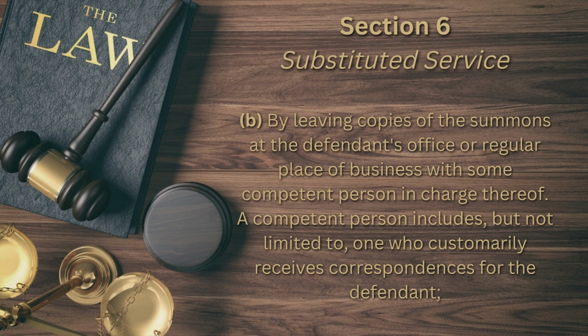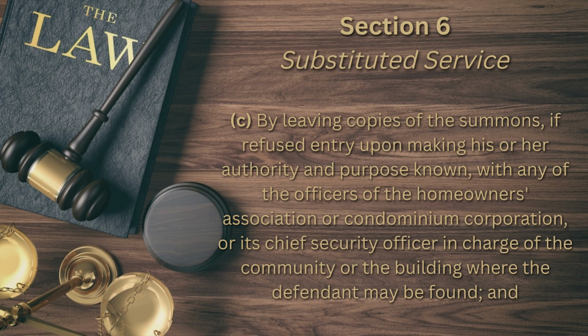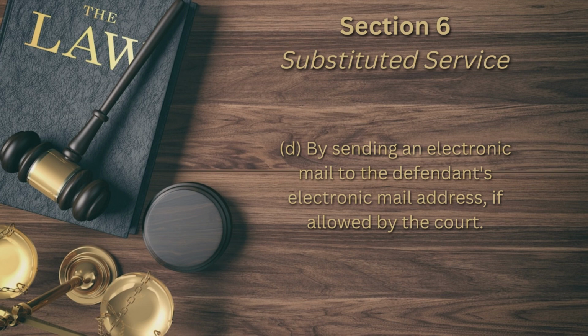A competent person includes, but is not limited to, one who customarily receives correspondences for the defendant. By leaving copies of the summons if refused entry upon making his or her authority and purpose known with any of the officers of the Homeowners Association or Condominium Corporation or its chief security officer in charge of the community or the building where the defendant may be found, and by sending an electronic mail to the defendant's electronic mail address if allowed by the court.